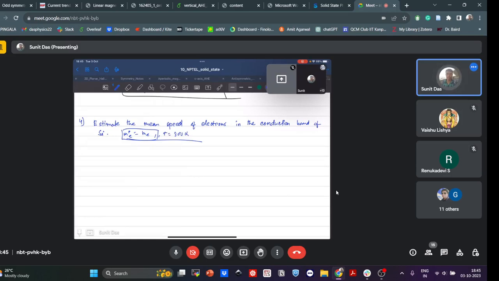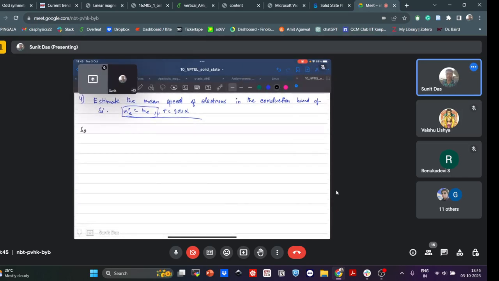Okay, so for estimation, we actually need mass into velocity square. This is the kinetic energy, right? And we just need an estimation. So why will the electrons move around?